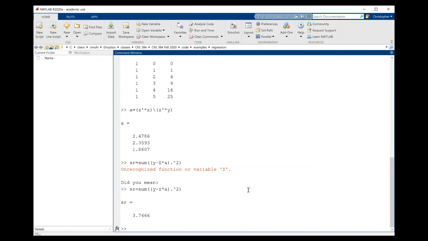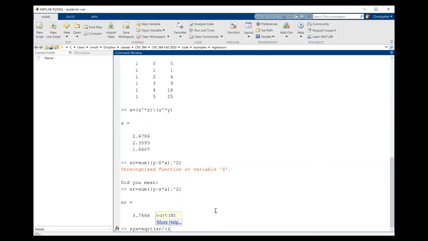Now, if we want to go in and look at our different fit profiles, so let's say our standard error, we can do that in MATLAB as well. So let's call this SYX for standard error. Remember, that's the square root of that sum of squares residual over how many data points we had.